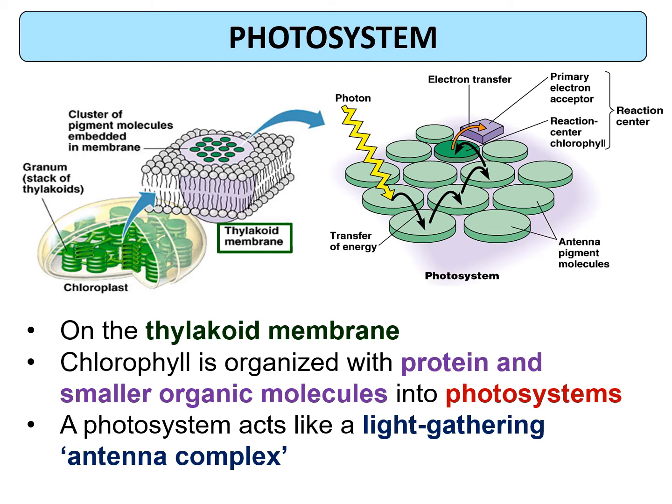photosynthesis. On the thylakoid membrane, the chlorophyll is organized with proteins and smaller organic molecules into photosystems. A photosystem acts like a light-gathering antenna complex. Light gathering means when the sunlight reaches the leaf. In the leaf there are many chloroplasts, and in the chloroplasts there are pigments.